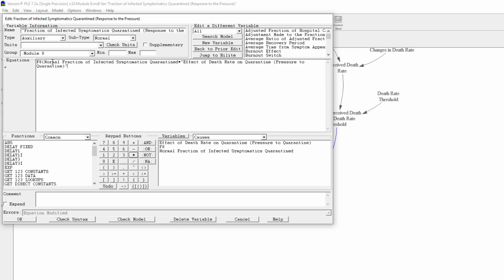So that means that since this normal fraction of infected symptomatics quarantined is 0.1, this x-axis, the input value, is going to range from 0.04 to 0.8. Okay, so that's what the x value to this table function would be like. Okay, so you can set this to dimensionless.